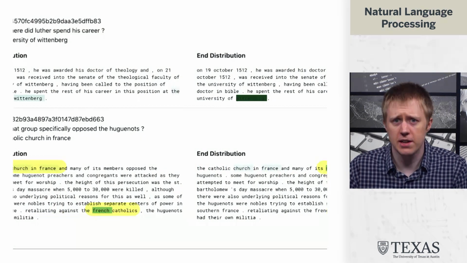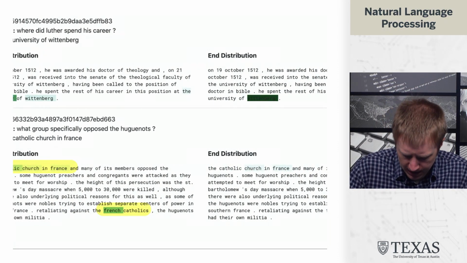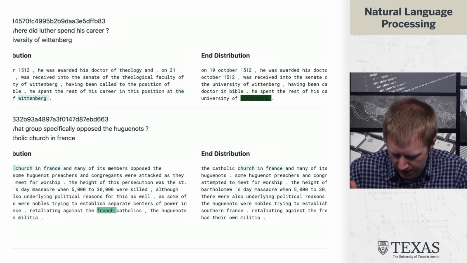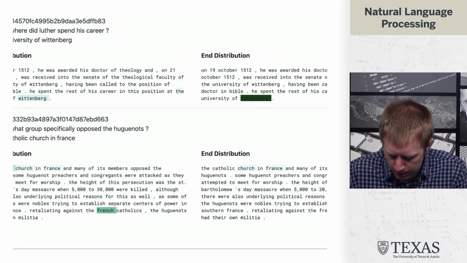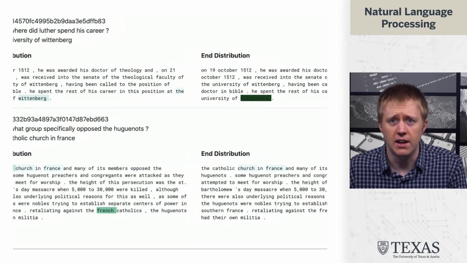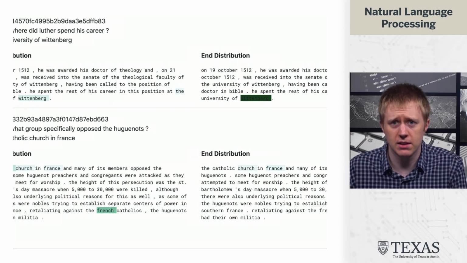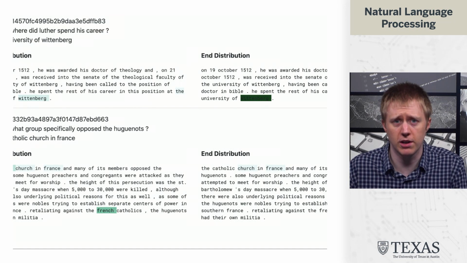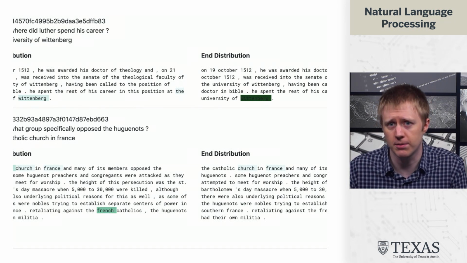What the model returns is Catholic Church in France and many of its members. So again, not quite the right output according to the specified answer, but actually a very good answer.